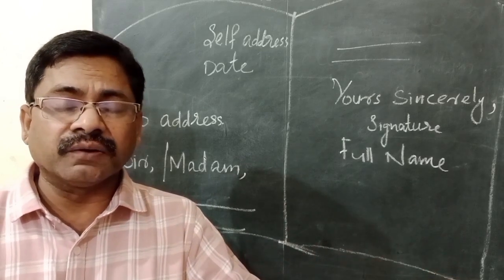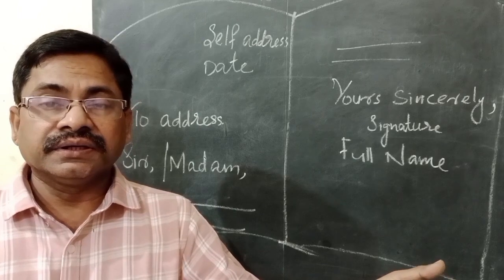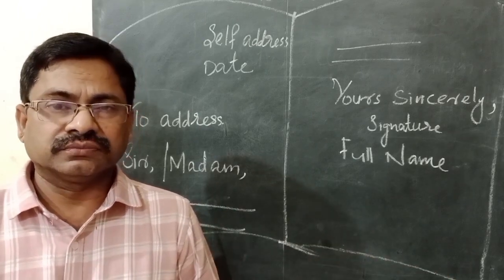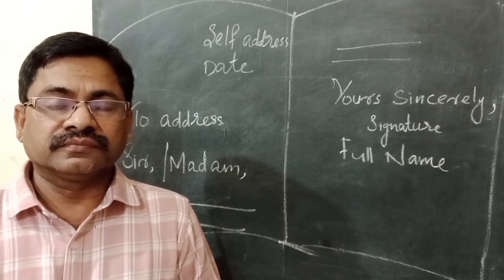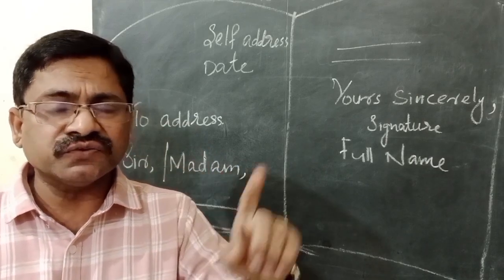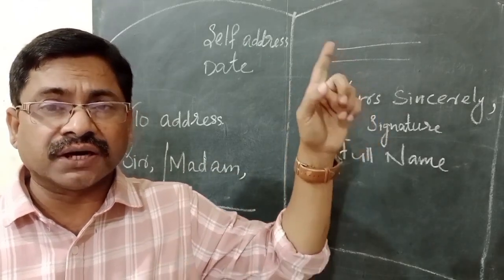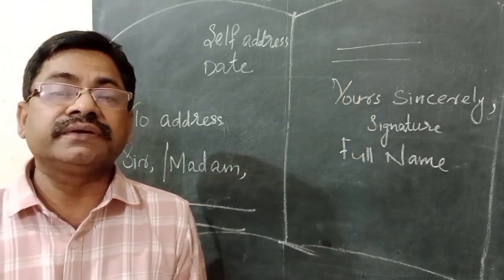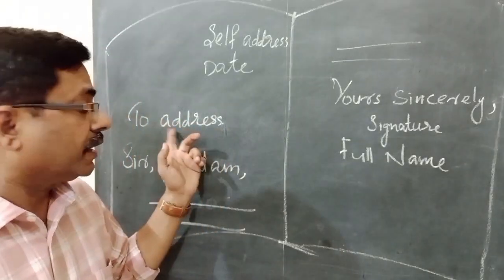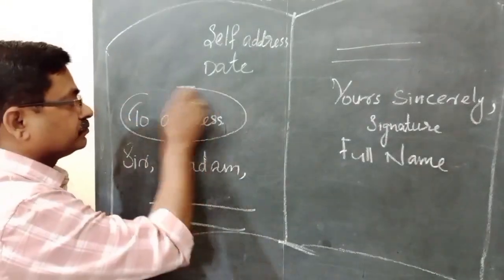Otherwise, one imaginary college name, XY Brilliance College, whatever you can write. The third line, you have to write the place where the institution or the office is situated. Place. So in such a way you can write the to address.